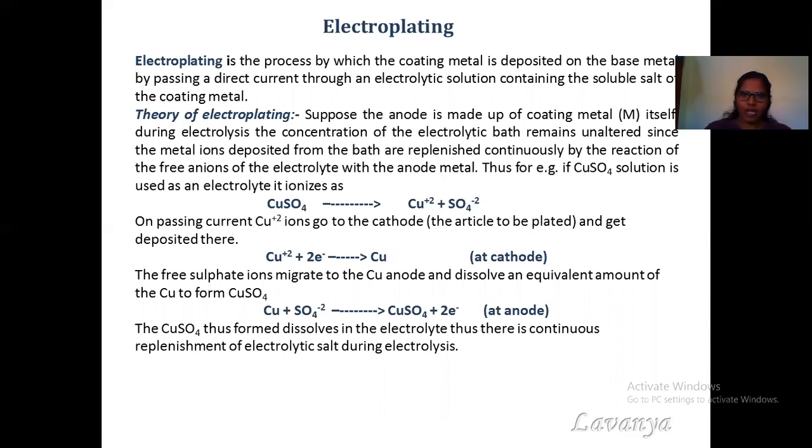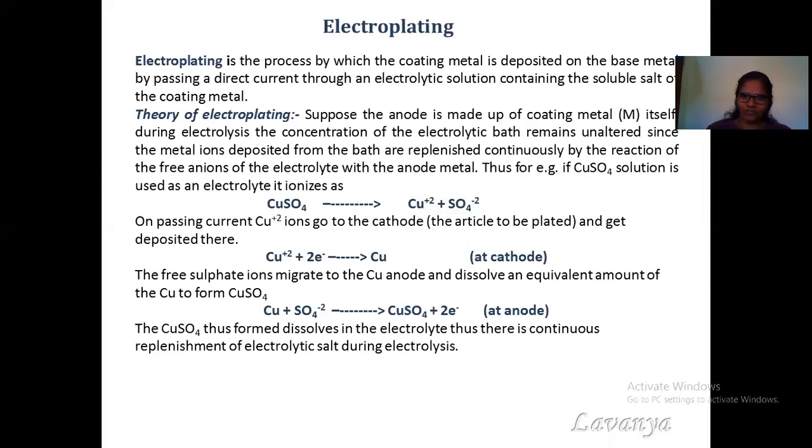I want to deposit copper on some other metal. That object, whatever it may be, I can take as the cathode, and the anode can be of our choice. The anode can be copper, or else any other inert metal which just conducts the electricity, but our electrolyte should contain the ion which we want to deposit on our base metal, that is copper ion.